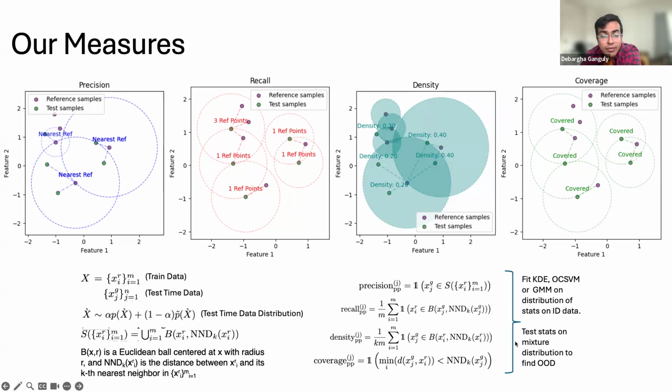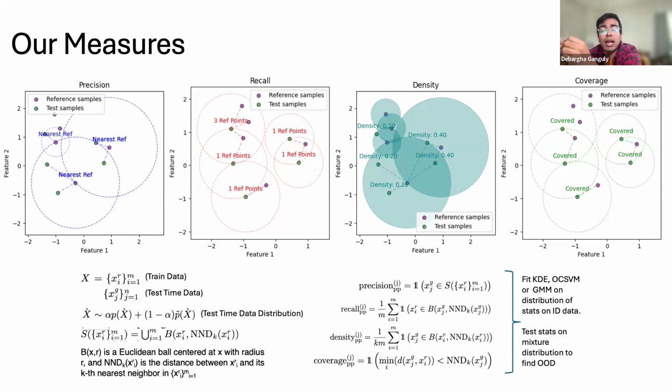And then we fit a kernel density estimator or whatever on top of what these metrics look like when the training distribution and the testing distribution is the same. So you only train on your in distribution data, you split that into half, you compute these metrics on top of them, and then you end up with a distribution of what these metrics look like.